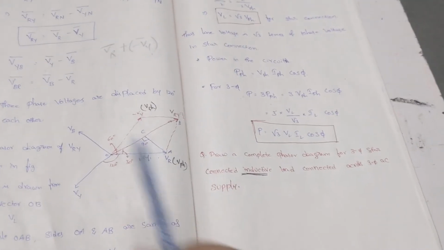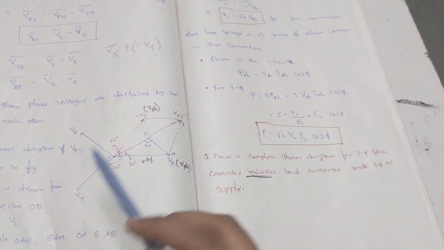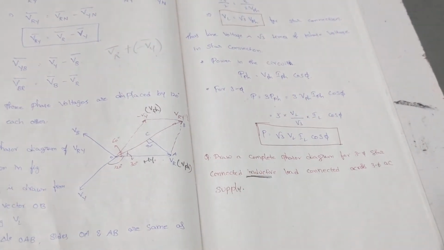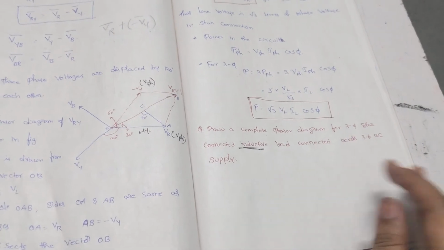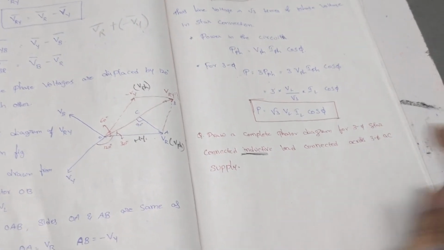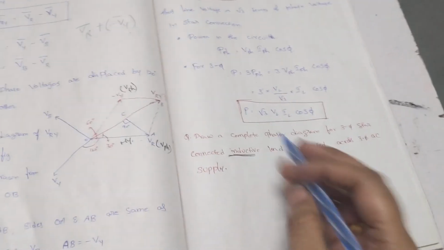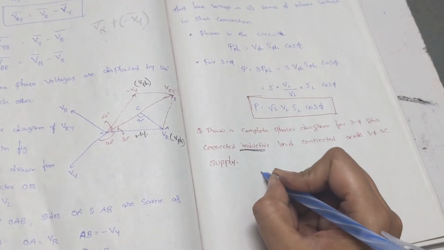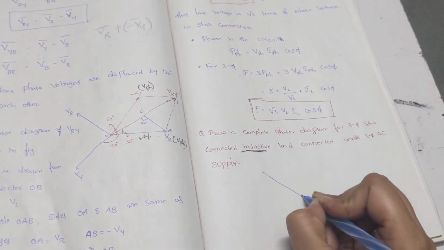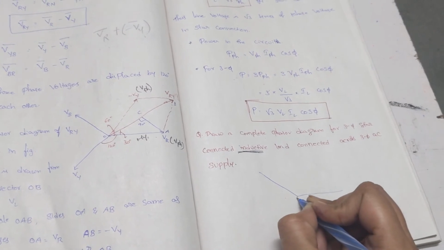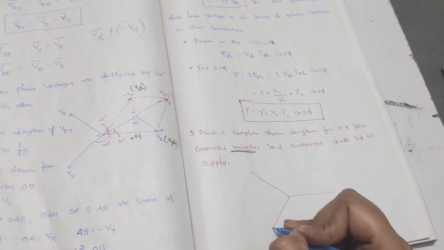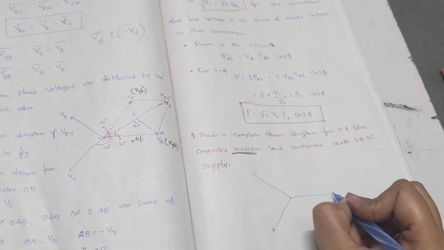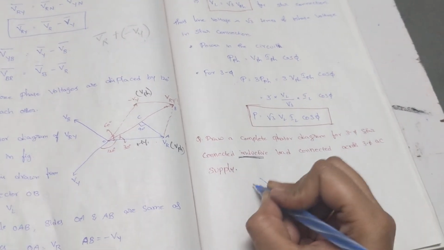I'm drawing for one phase; you can interpret for the other phases also. I draw the three phases, and kindly consider these are all balanced.